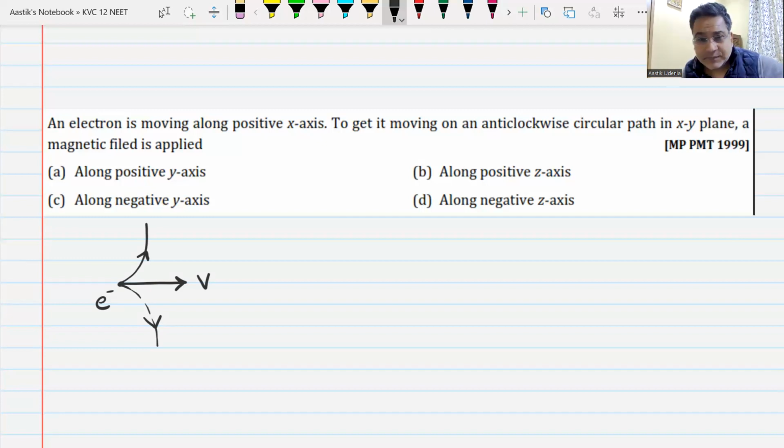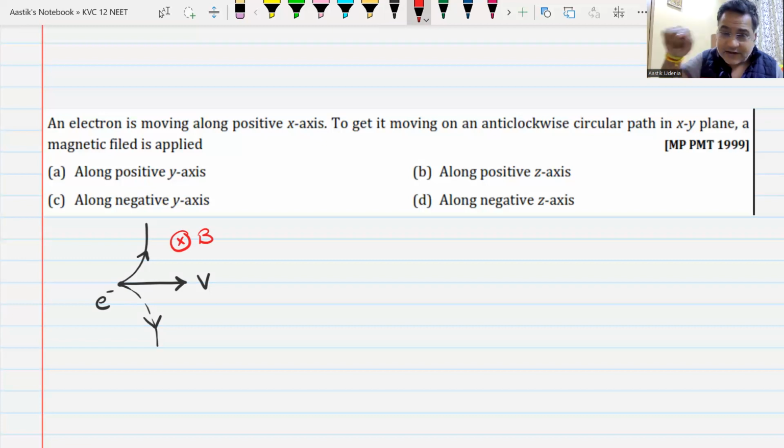Now, to turn it on the upper side, if I take the cross product of V with B, and imagine that the magnetic field is in the inward direction, V cross B gives me the force in the upward direction, but that is the force on a positive charge. So if this charge was positive and you put the magnetic field inside, it will go upwards, but this is a negative charge.